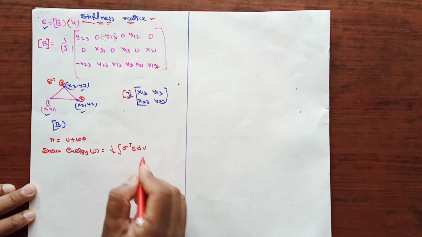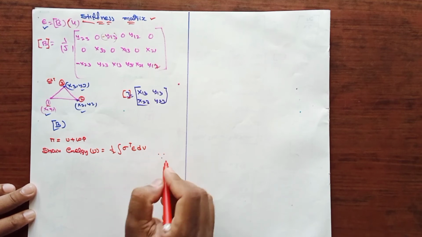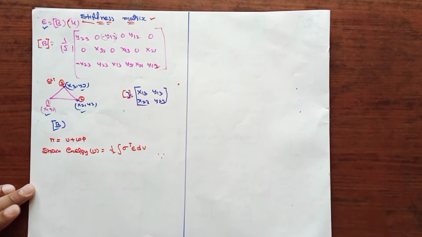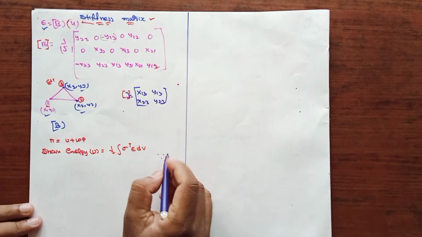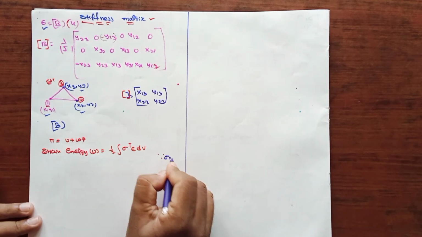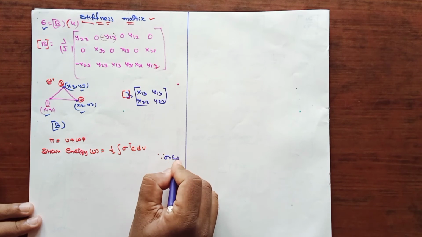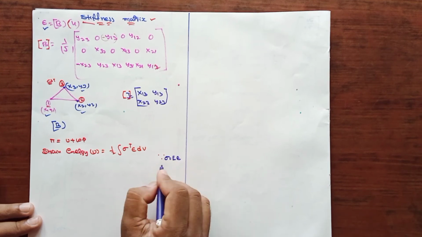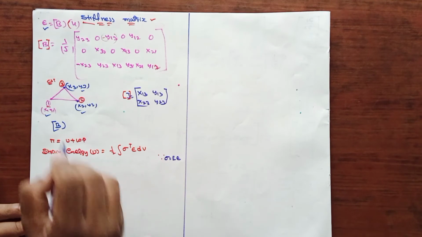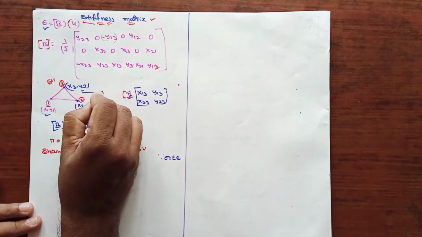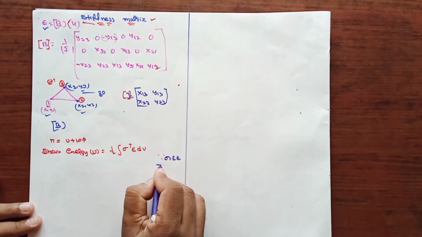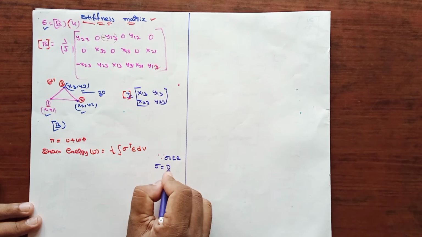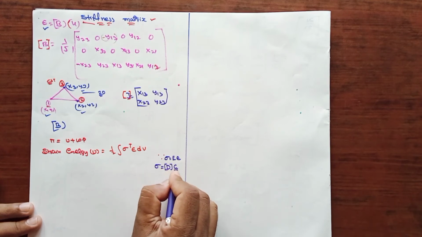Now, stress can be defined as the Young's modulus into the strain. That is in the one dimensional case, but this CST problem is a two dimensional element. So for this one, sigma can be written as the D matrix into the epsilon matrix.